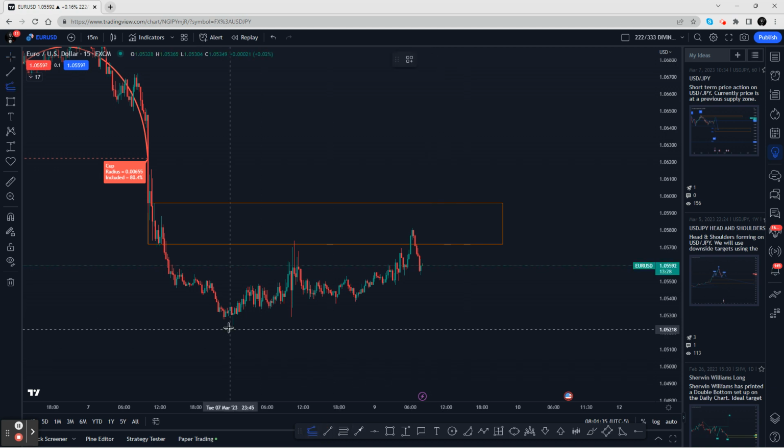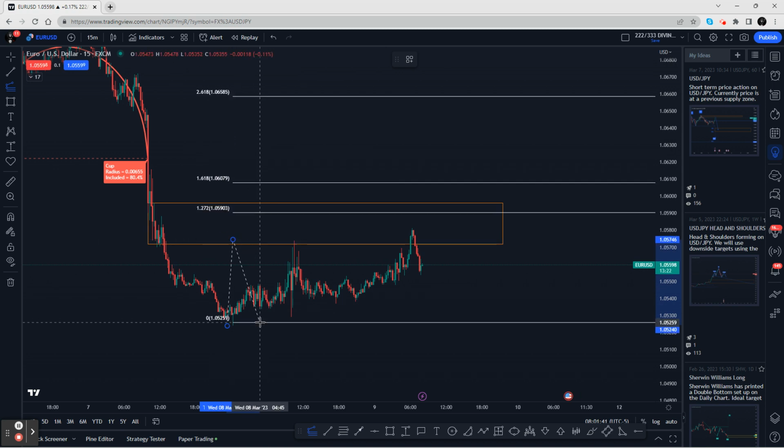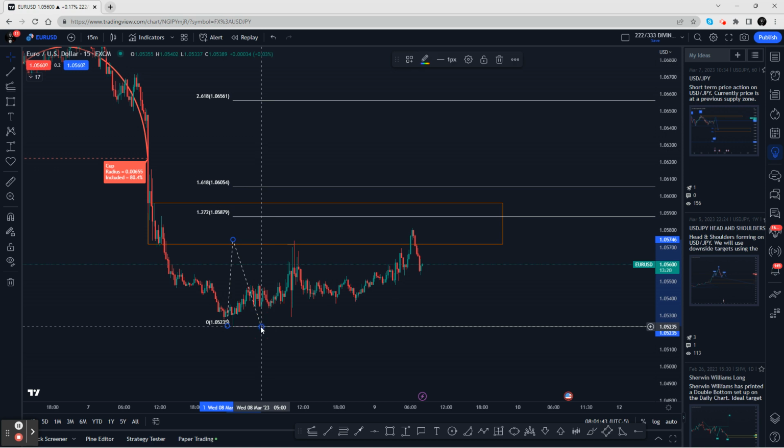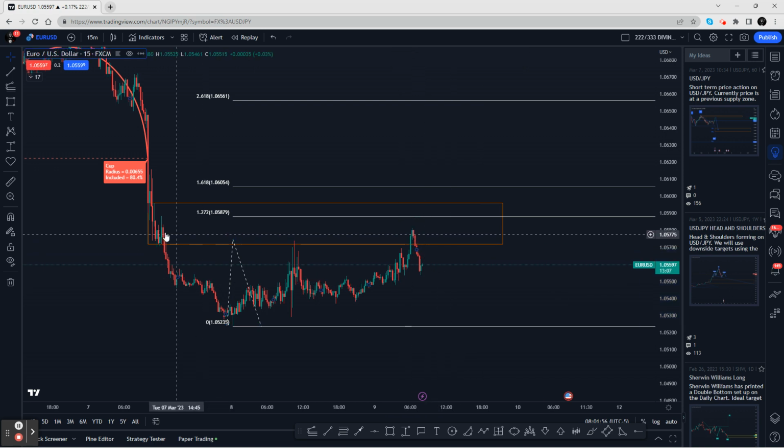But we still could play the same game, measure this impulse, come back down. All right, and so we haven't reached the first impulse target based off of this. So we have to be mindful that, like I said, this could just be a true supply zone. We still could push forward, or we can start to fight our way to get up to these levels.